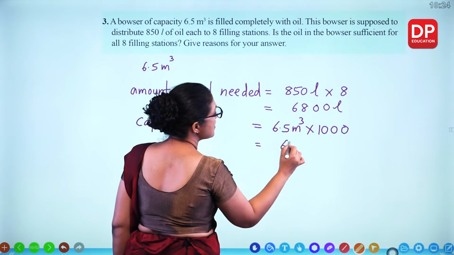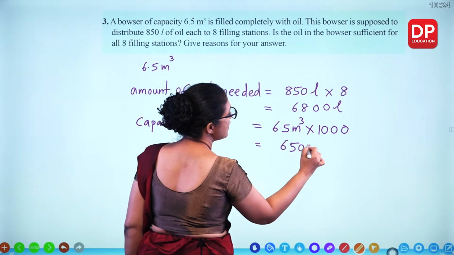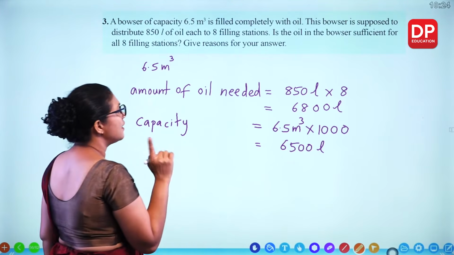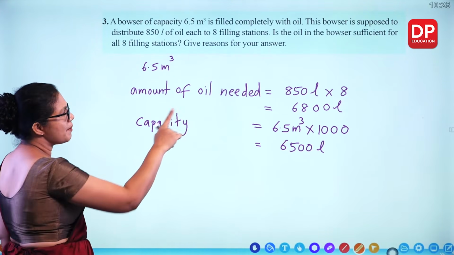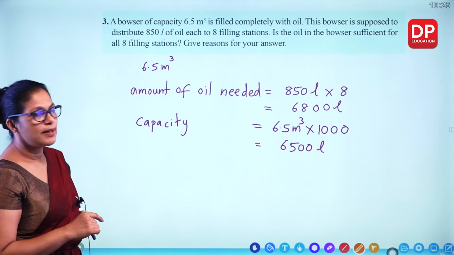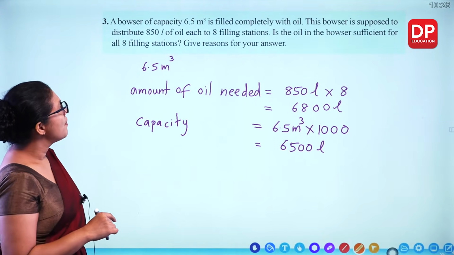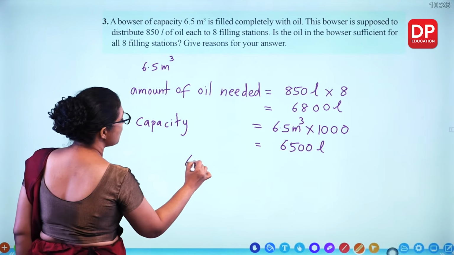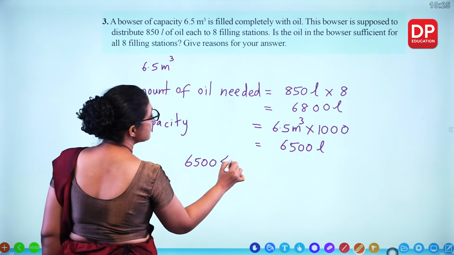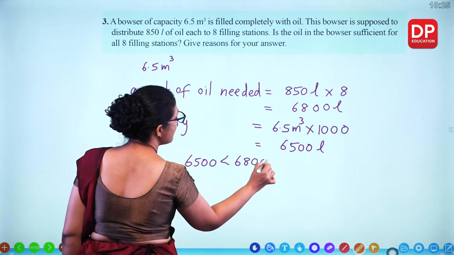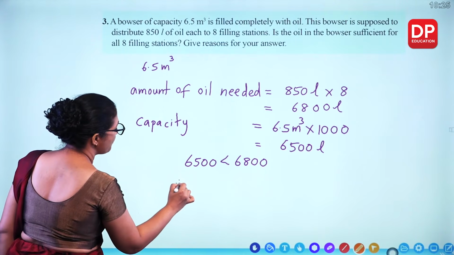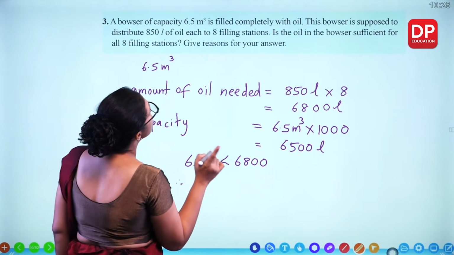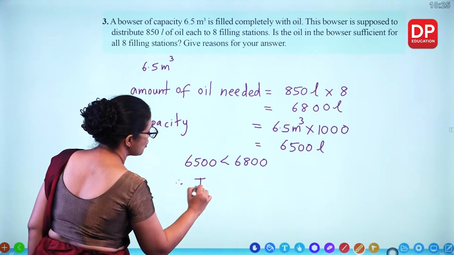You get 6,500 liters. Now, what do you think about these two values? It's not sufficient because 6,500 is less than 6,800. So therefore, it is not sufficient.